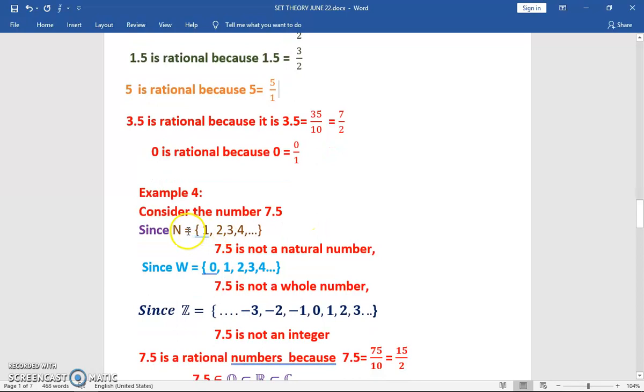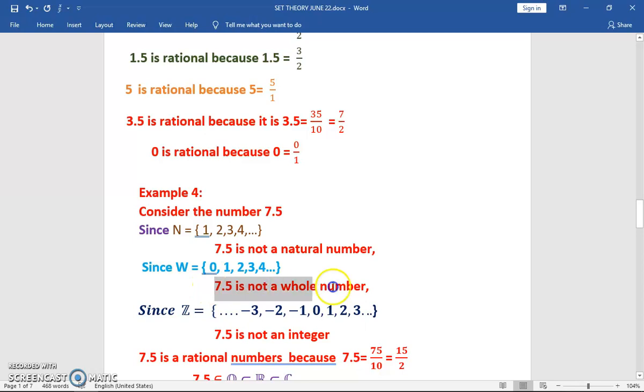Now let's take one more example, 7.5. Since N is equal to this one, 7.5 is not here, so it is not a natural number. And the whole number set starts from 0, 1, 2, 3, 4 like that.